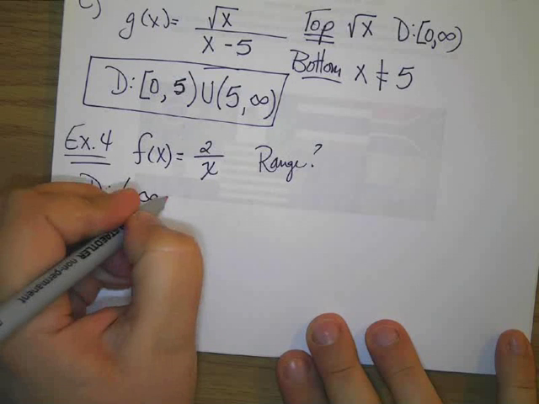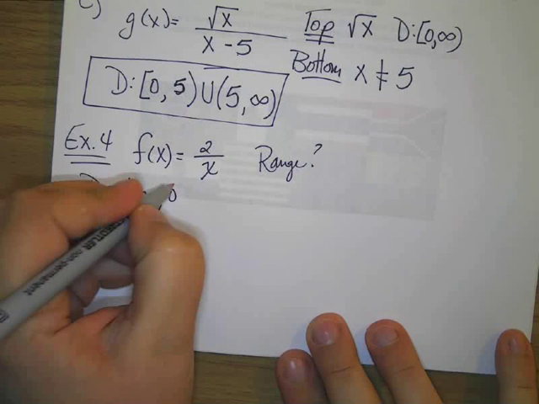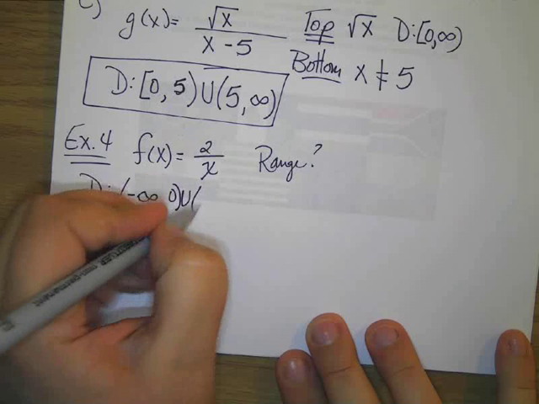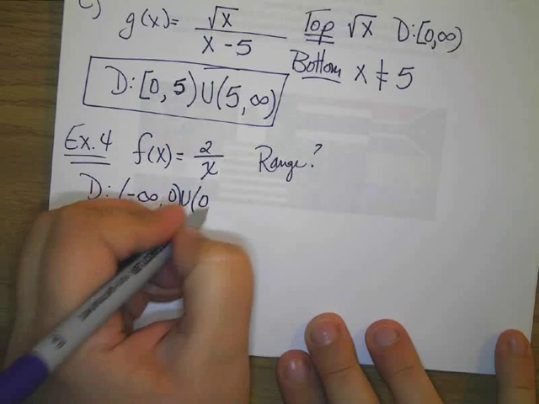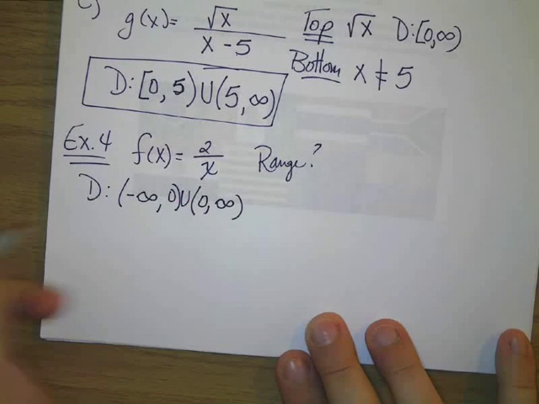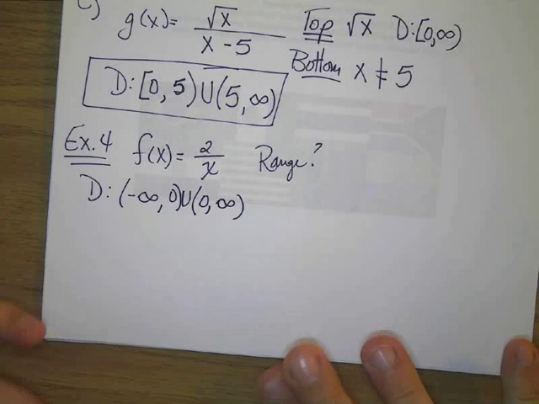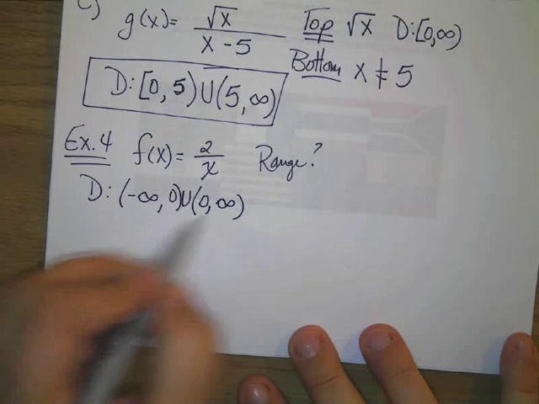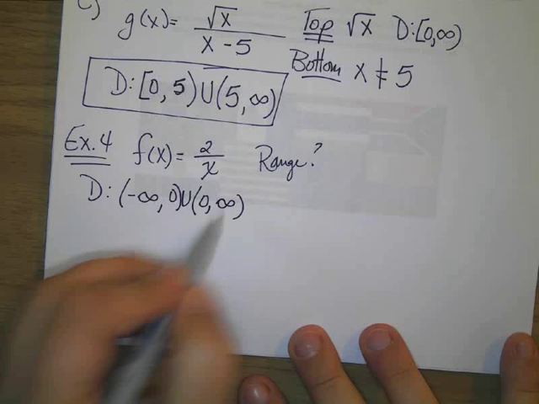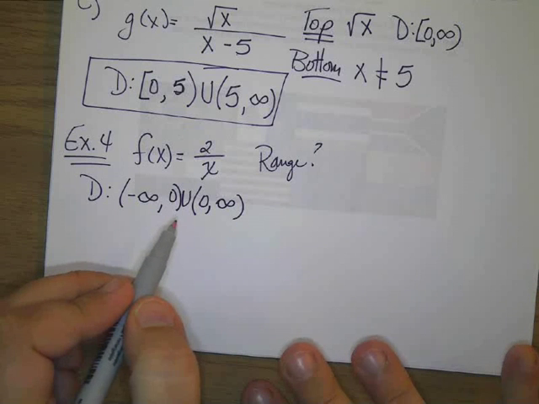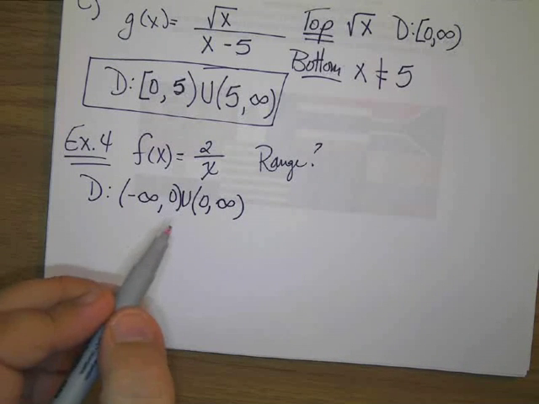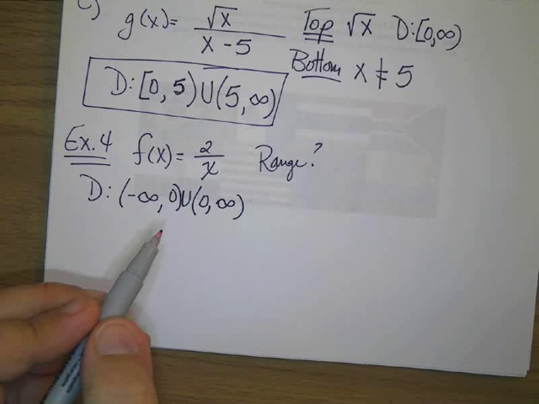Negative infinity all the way until 0. Soft bracket, jump 0, start again on the other side and go all the way till infinity. How you skip numbers in your domain with interval notation is all about soft brackets. Is that okay there? Okay.